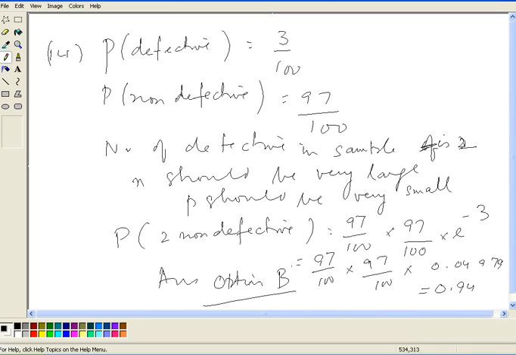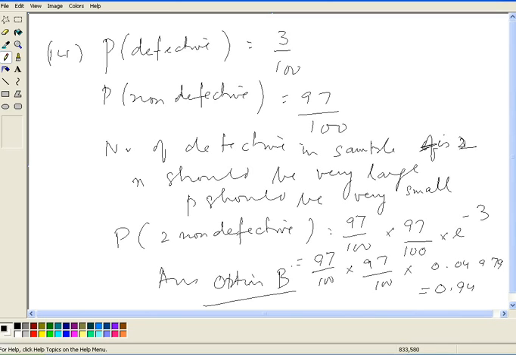Number of defective in samples of, say, is 2. Now n should be very large, p should be very small, and therefore P of 2 non-defective is equal to 97 by 100 into 97 by 100 into e power minus 3.